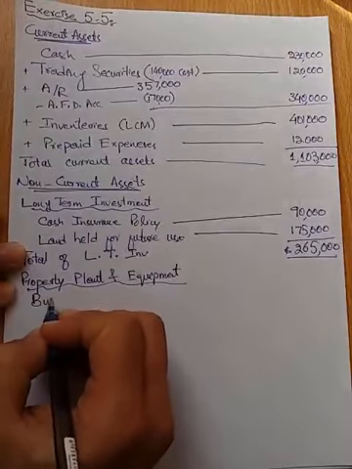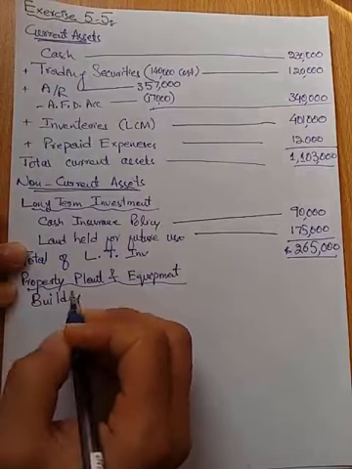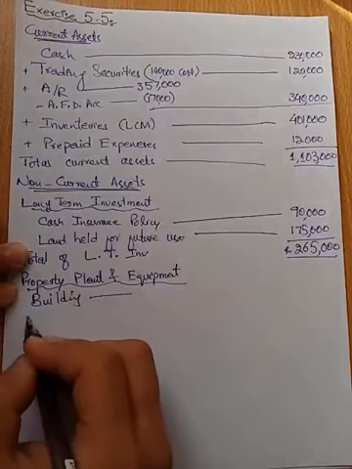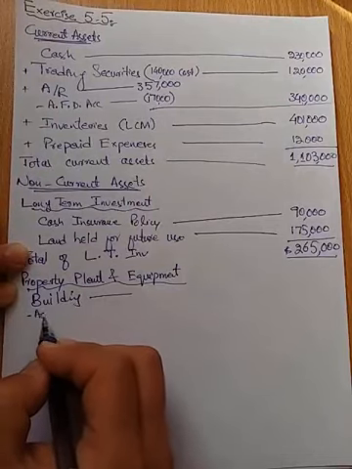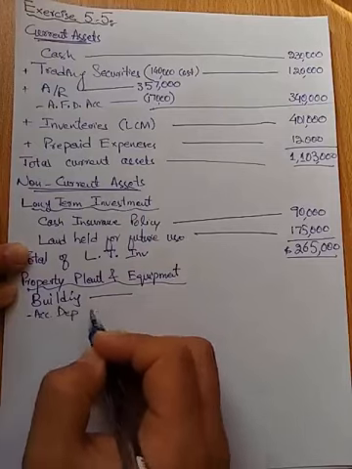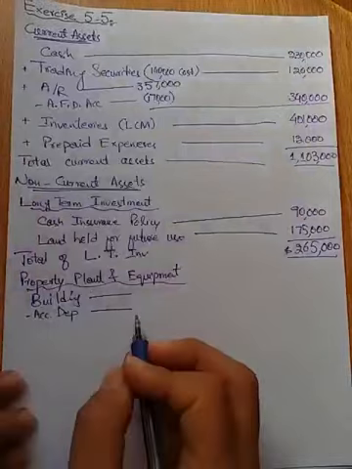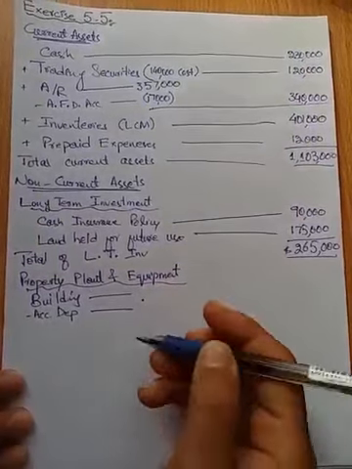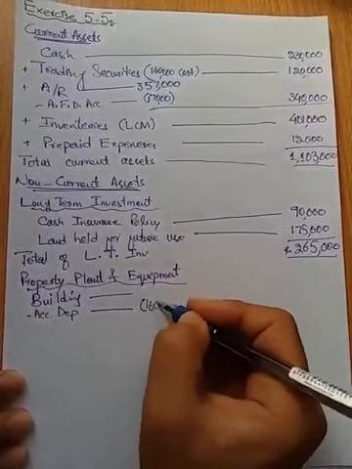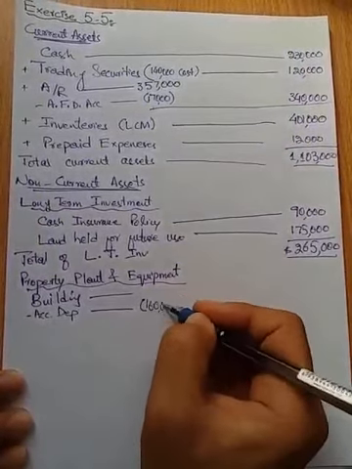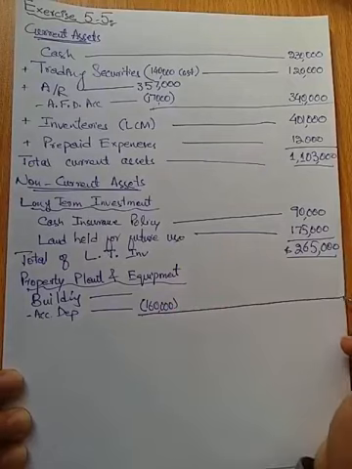Building value right now we don't know, but what we know is that accumulated depreciation was subtracted, and the amount of accumulated depreciation is $160,000. So I will write here $160,000 will be subtracted from its value, and then the remainder would be shifted here.